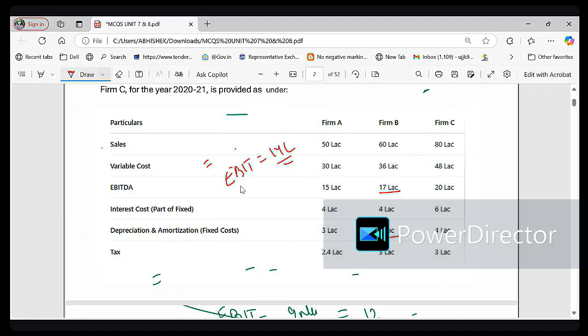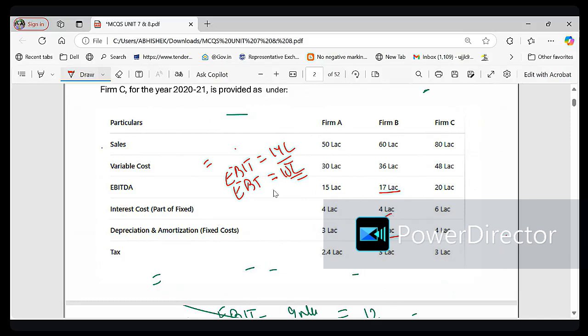And from this we subtract the interest, so we get EBT, which is 10 lakh. So for Firm B how much are you getting? EBITDA 17 lakh minus depreciation 3 lakh gives 14 lakh EBIT. Further we subtract the interest cost, which is 4 lakh.